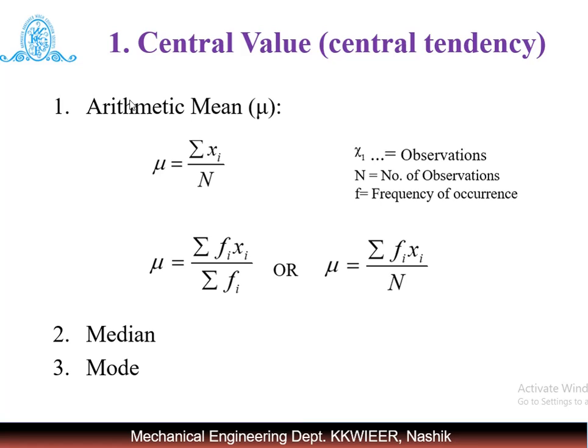It is the summation of all the observations multiplied by the frequency, that is, summation of fi xi divided by summation of all the frequencies, summation of fi, where f is the frequency of occurrence. Or mu can be calculated by summation of fi xi divided by the number of observations if the number of observations is given.